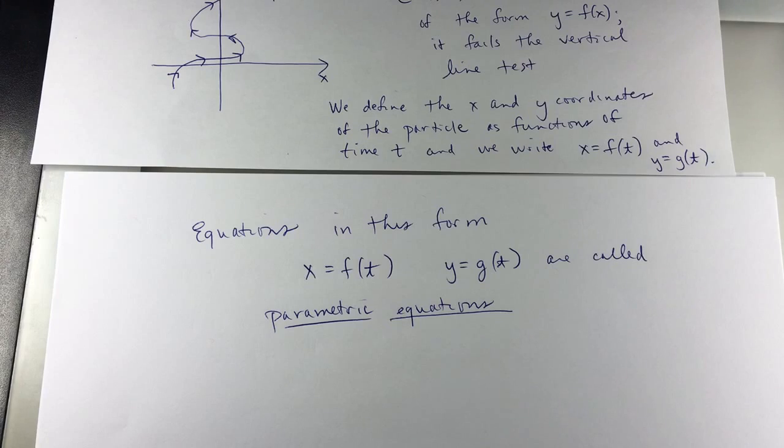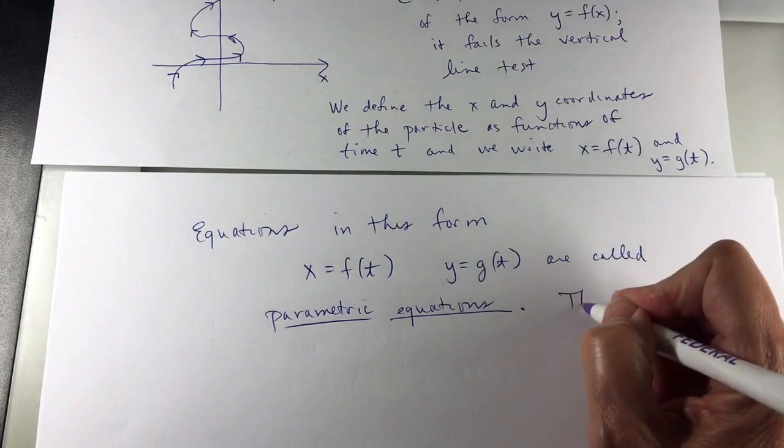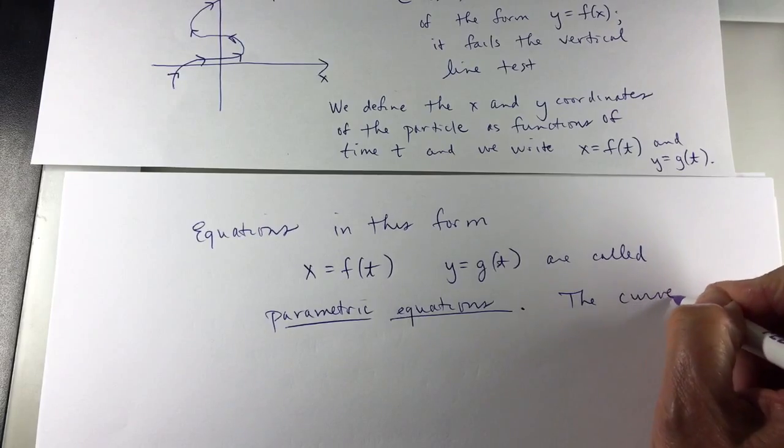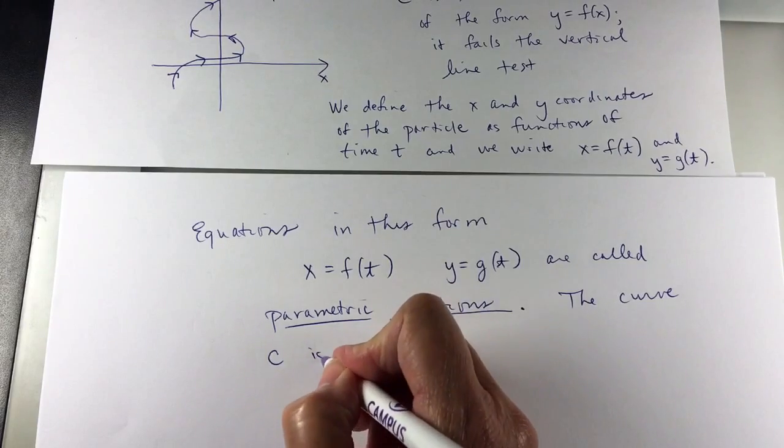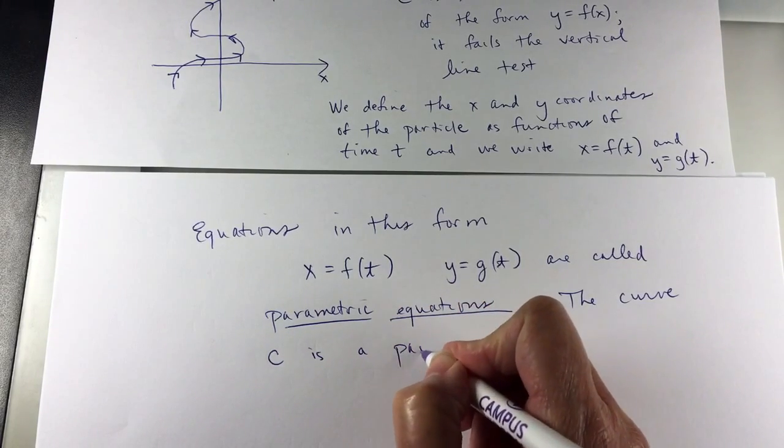And the curve C is called a parametric curve. I'll just use C, but you could use whatever you wanted to call it. The curve C is a parametric curve.